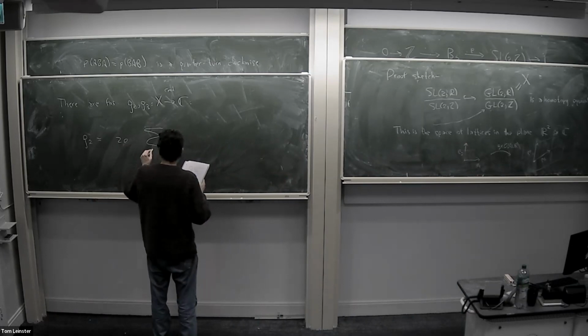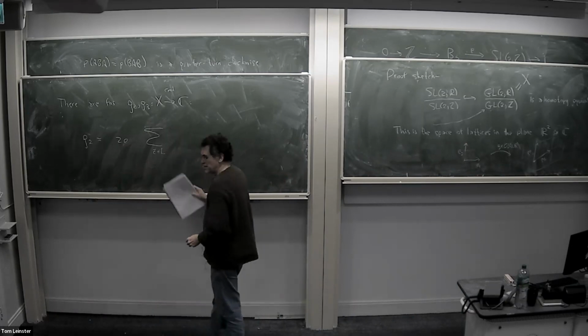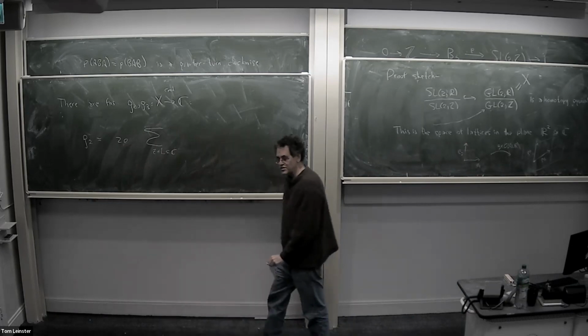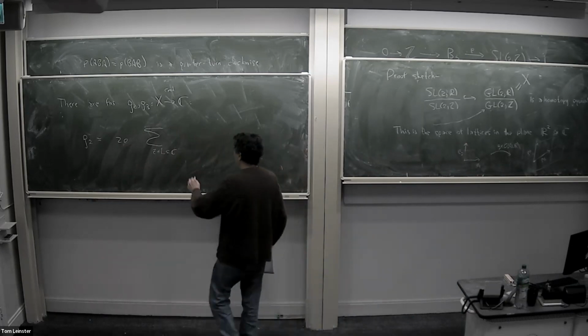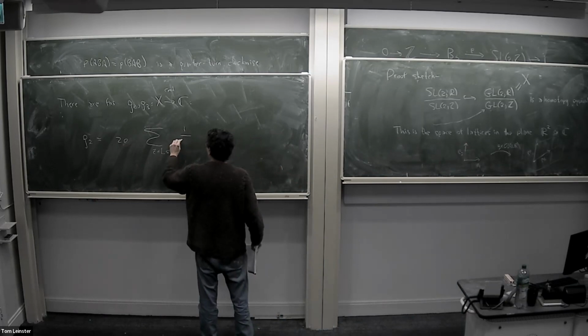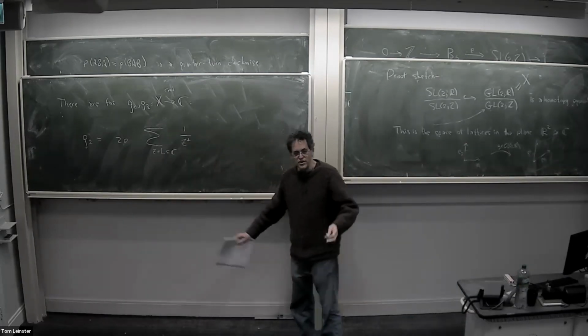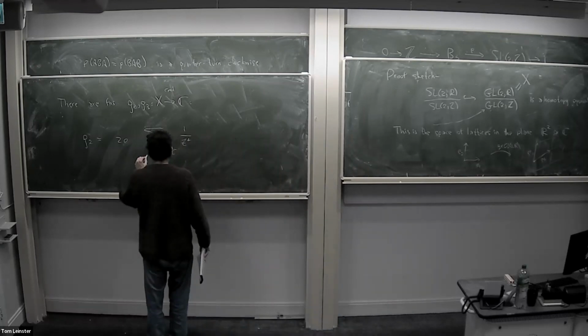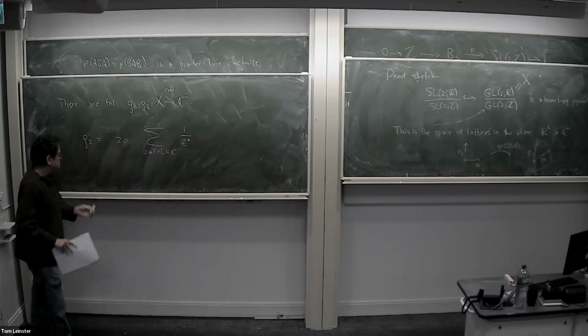So what we do is we sum over all points in the lattice, but we're going to think now of that lattice as sitting inside the complex plane. So we'll think of the lattice points as complex numbers. And what we'll do is sum 1 over z to the 4th. That's just some weird way to get a number from a lattice. It would be very bad if z was 0, though, so we sum over non-zero lattice points.